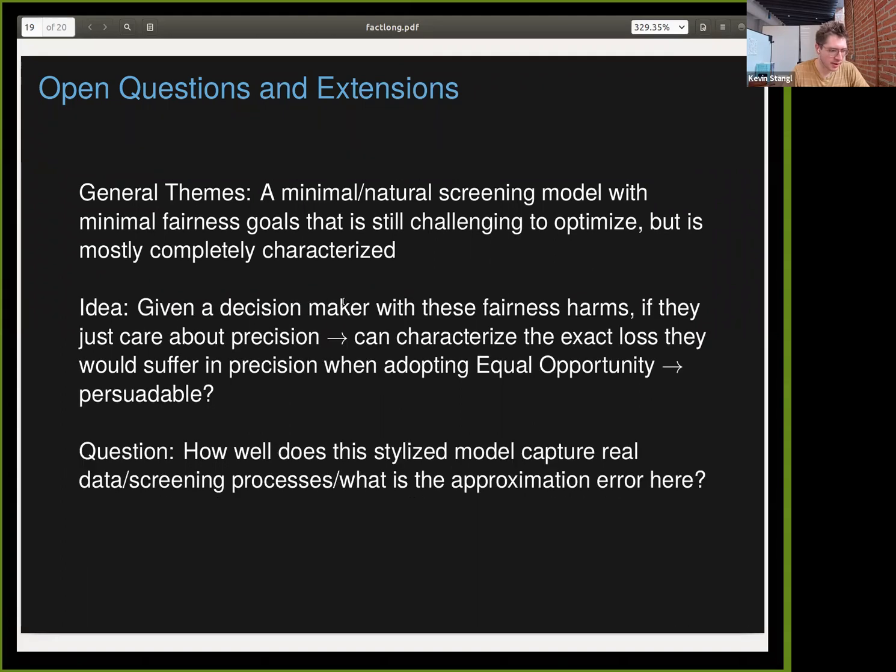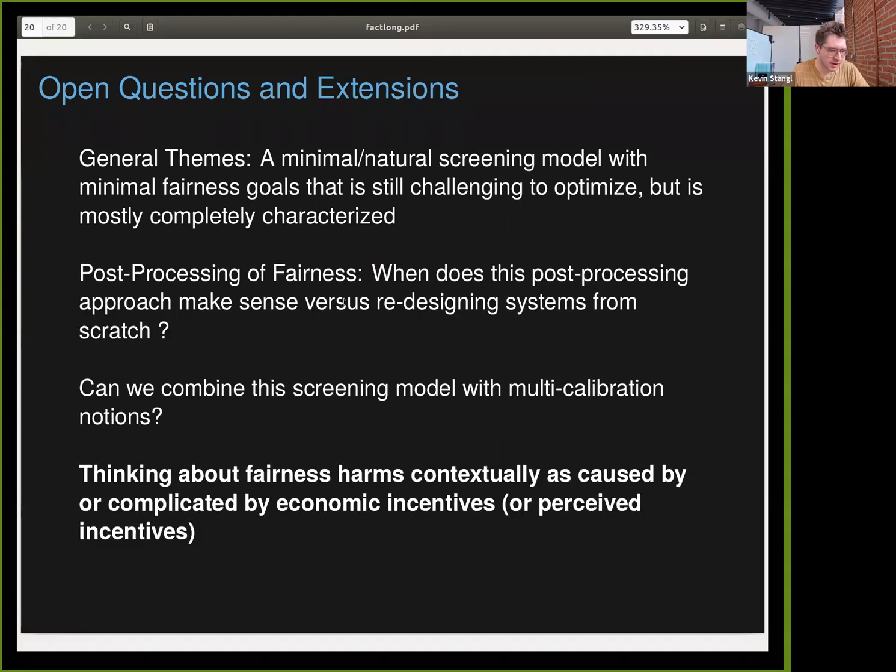Oh yeah. The other thing that I think is interesting about our model, which some other people have worked on, is that it's a post-processing model. We have a system that already exists, and rather than redesigning it from scratch, we're putting fairness on top of it.